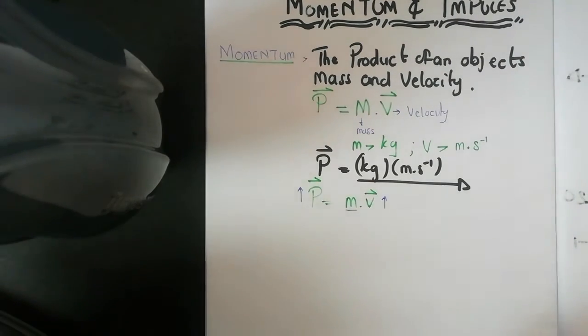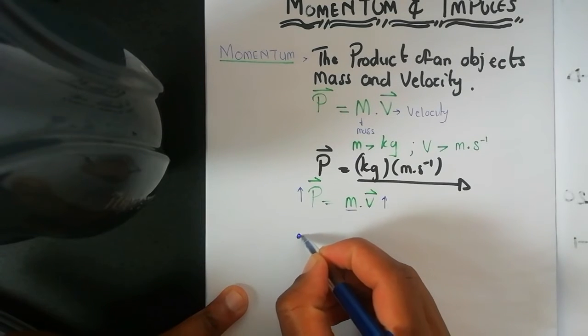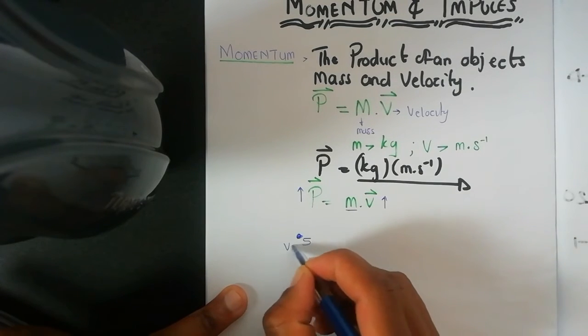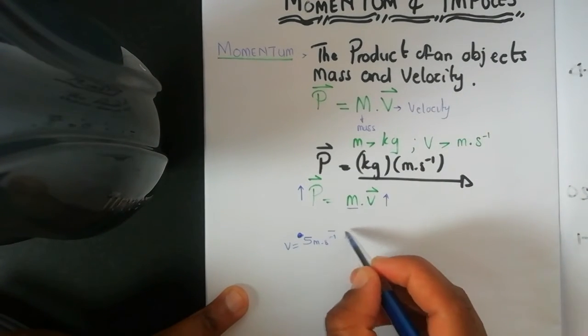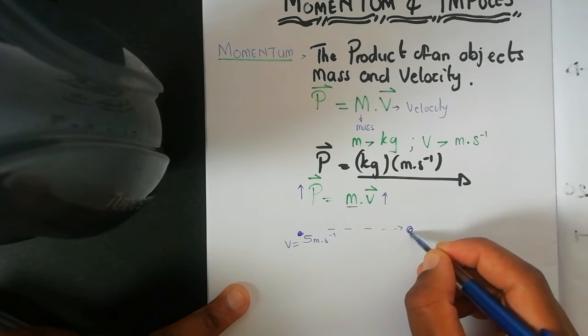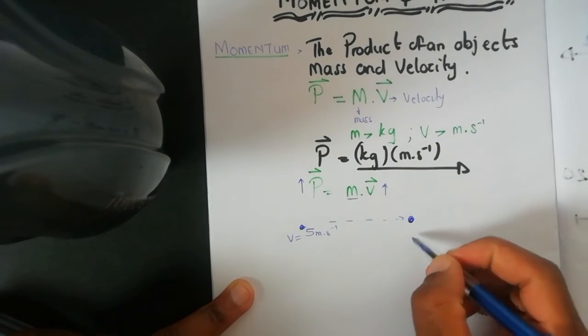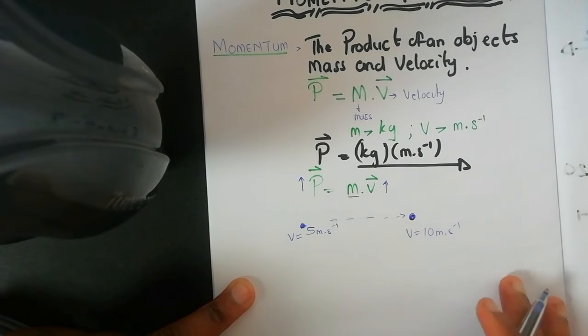So if an object moves from one point to another, say it had a velocity of 5 meters per second, and then the object covers a certain distance and the velocity is 10 meters per second.